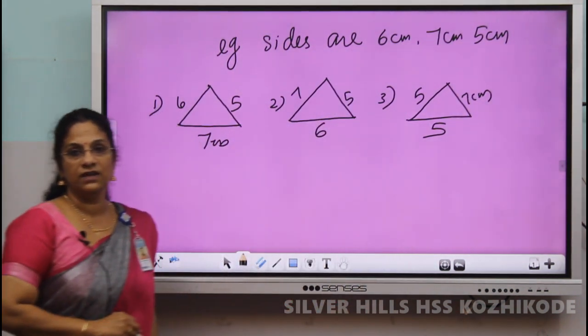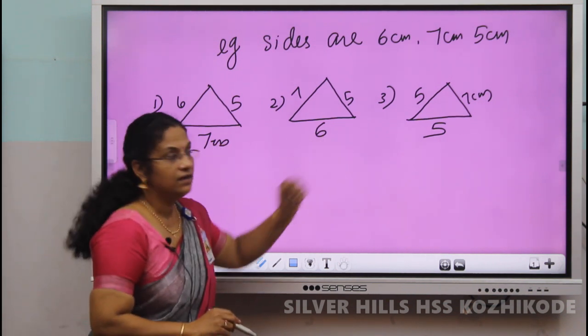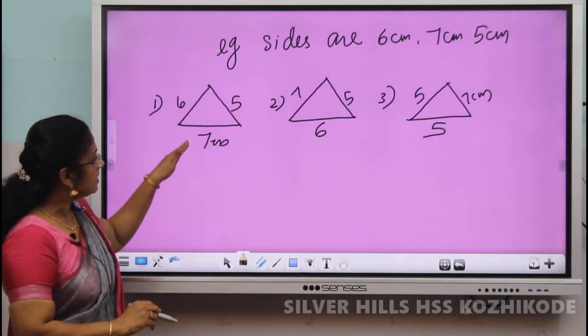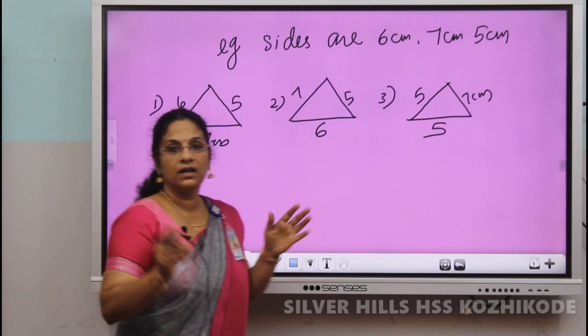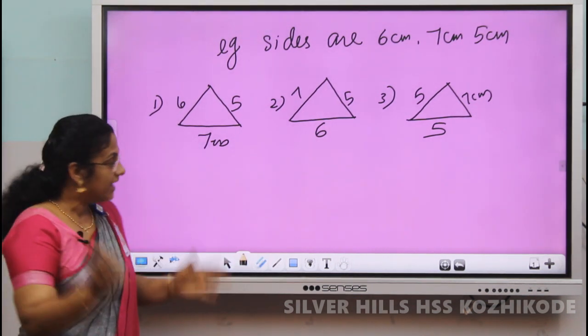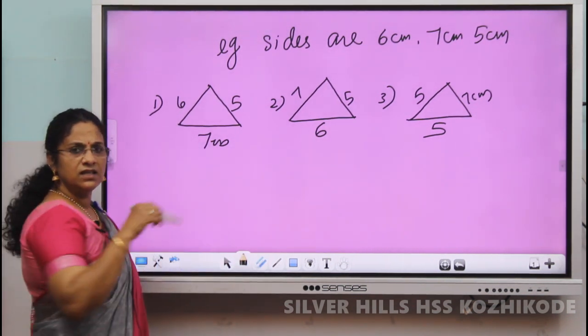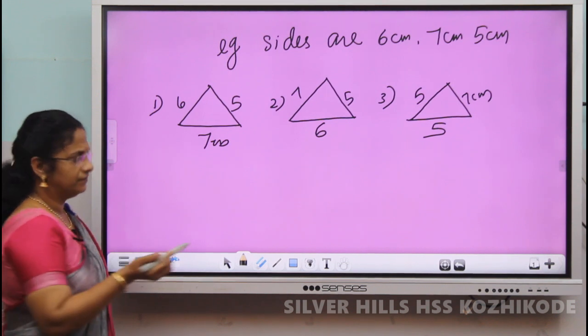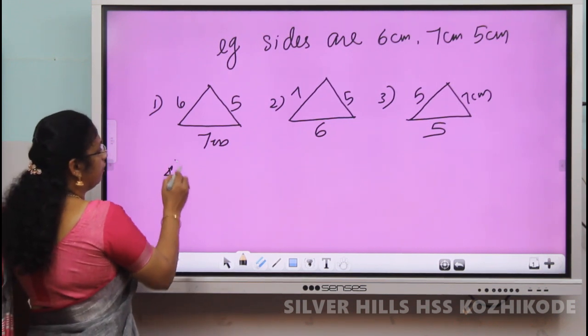Three different ways we draw the triangle. In each case 7, 6, 5 came as bottom side. Any more? Okay, let us check the fourth.